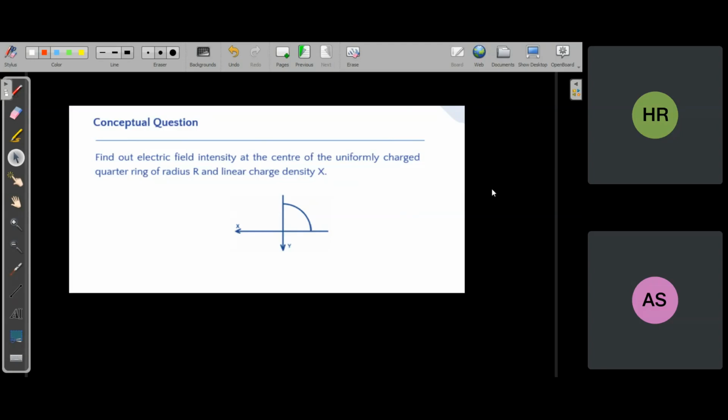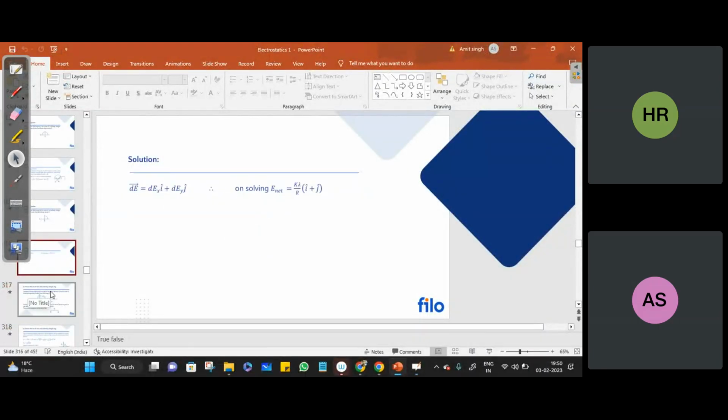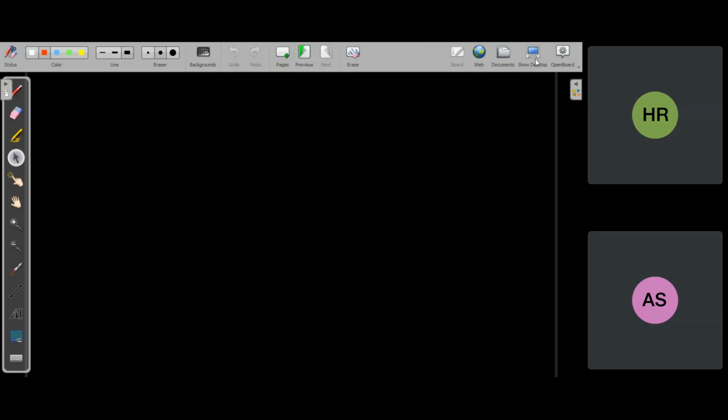No, here both components will be there. So here you will have to integrate both. X component and Y component, both will be there.